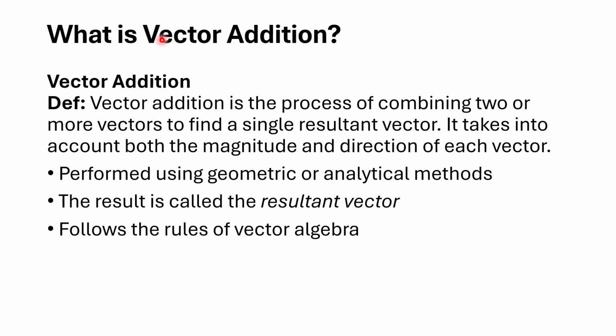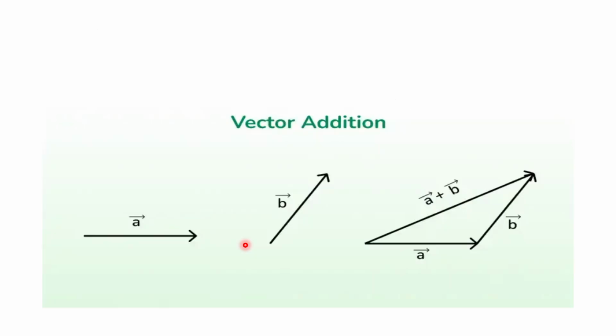So vector addition means considering their magnitude and direction, adding all of the vectors, and then finding the resultant vector, performed using geometric or analytical methods. The result is called the resultant vector. Follow the rules of algebra. We will perform all of it in the coming slides.